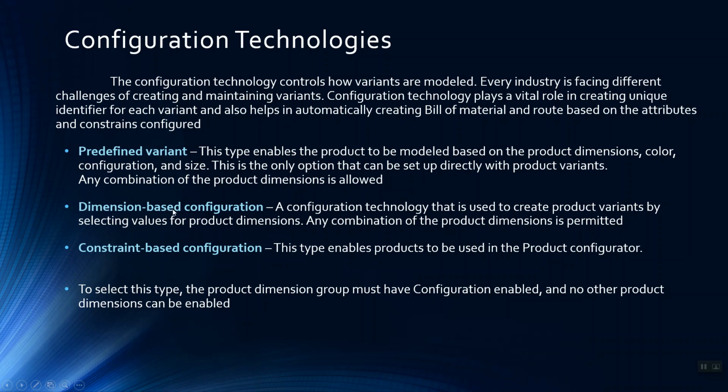Second is dimension based configuration technology. This is basically used in industries which are core manufacturing, and have components which can be mixed and matched.